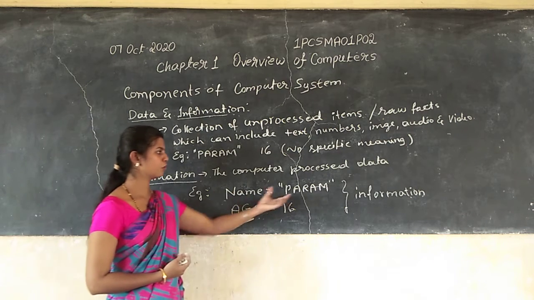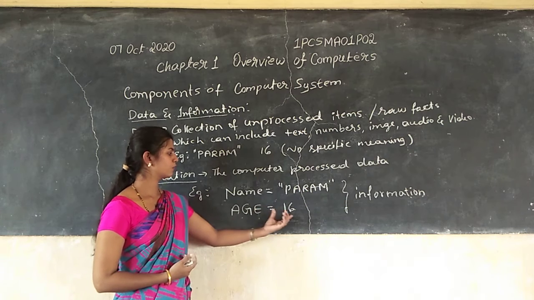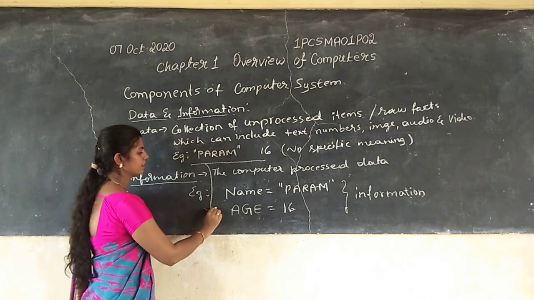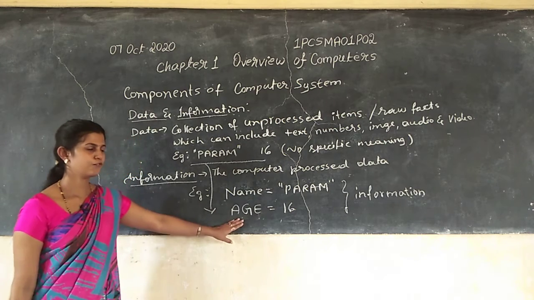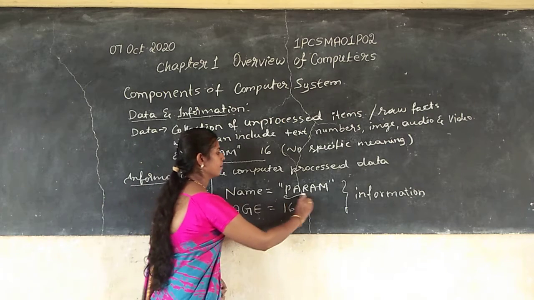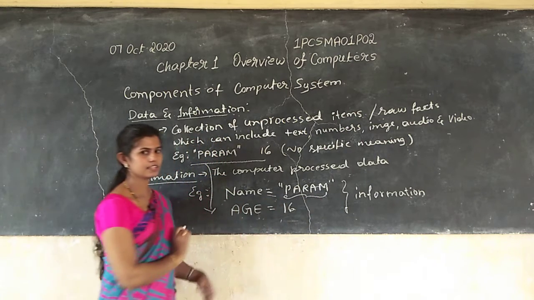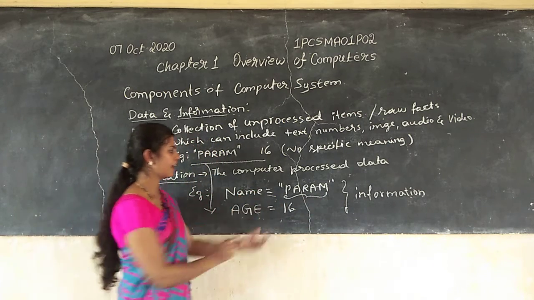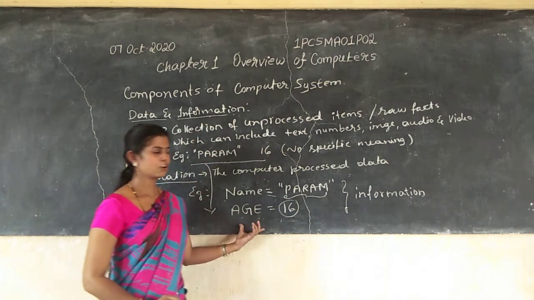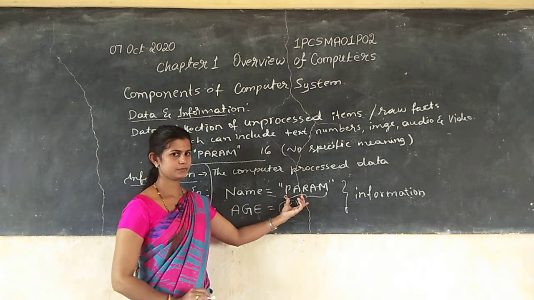Example, name equals param, age equals 16. See, this is information. It has some specific meaning. Param is the name of the person, and 16 is the age of that person.